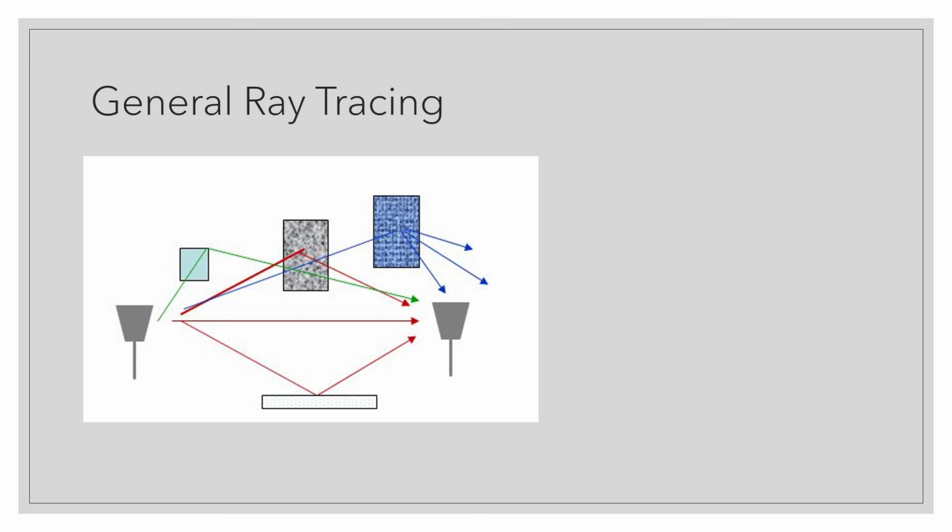If objects are more than a few wavelengths from the receiver, we typically neglect scattering and diffraction. Most computer packages for channel simulation in indoor or outdoor environments use general ray tracing for path loss, and this model requires detailed site information to work effectively.